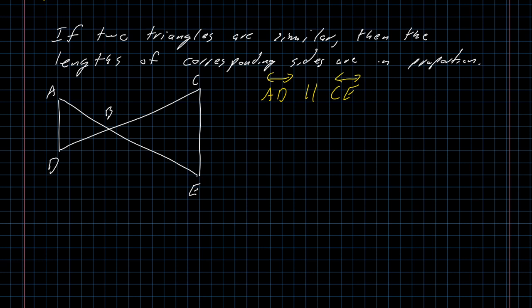Let's say that we know that the length of AD is 3.25 meters. The length of AB is 3.50 meters, and the length of BC is, that looks like that's going to be something like 7.80 meters, and let's put BD as well.